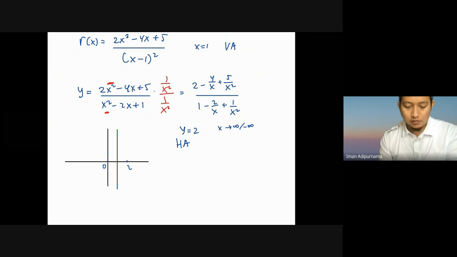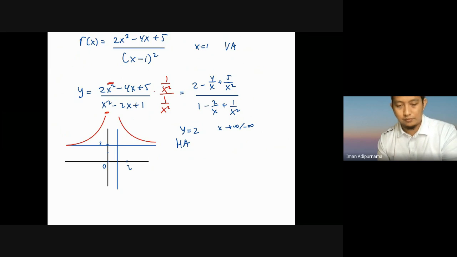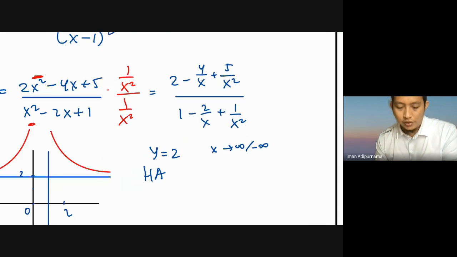This will be 1, 2, and then this is another asymptote. And probably here is where your function will be. Why it's 2 is from here.